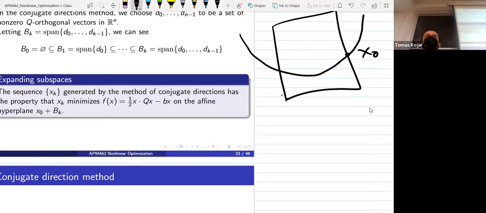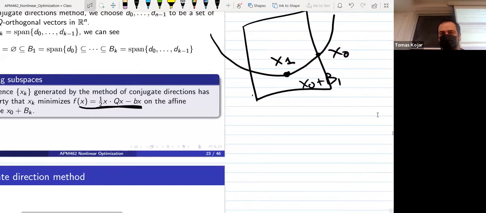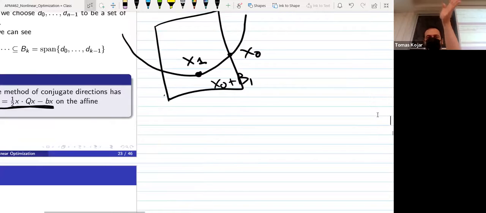This is a slice that you took, and this is the hyperplane x0 plus b1. Now along this slice, you're minimizing f, and it will get minimized over here. And you call this guy x1. Then on the next step, you move the other way.